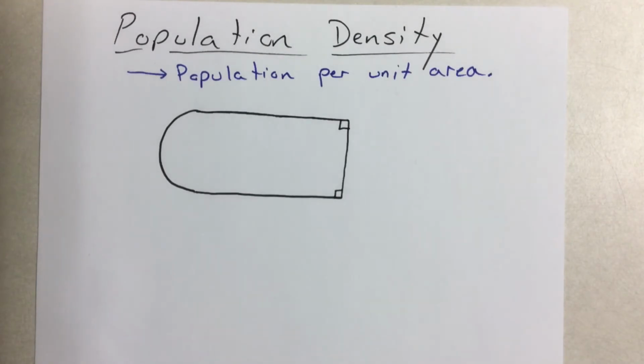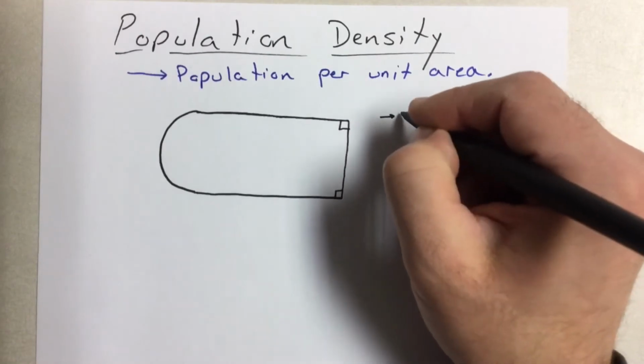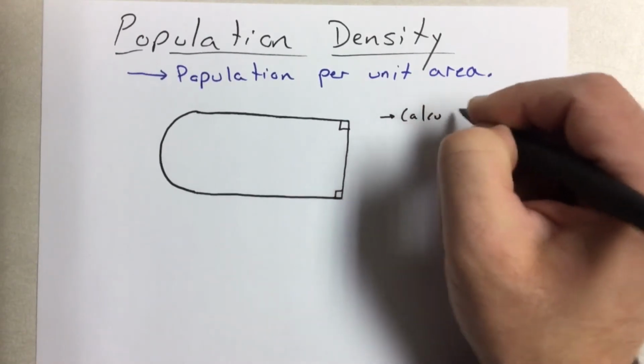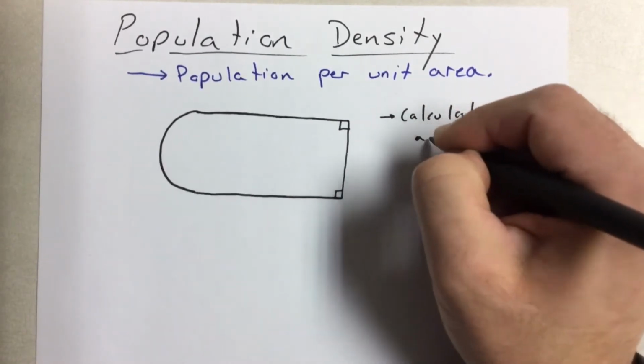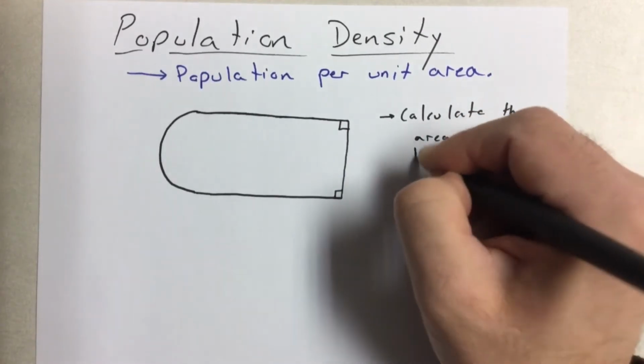When you apply this to real communities, the region's not going to be a nice geometric shape. So we could probably make it a geometric shape, but for the sake of our discussion, we'll just use triangles, circles, rectangles, trapezoids, all of those. So the very first thing that we're going to need to do, step one right away, is calculate the area of the populated region.